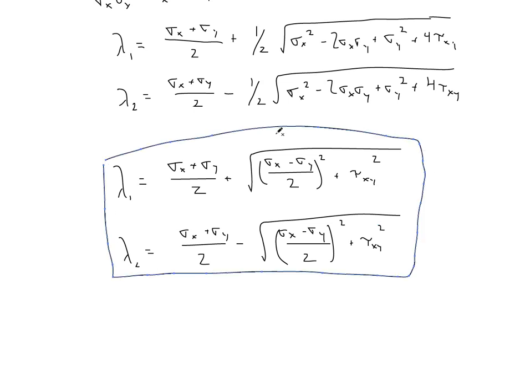So for the 2D problem here, those end up being your two eigenvalues, and you will recognize this as the center of Mohr's circle plus or minus the radius of Mohr's circle.